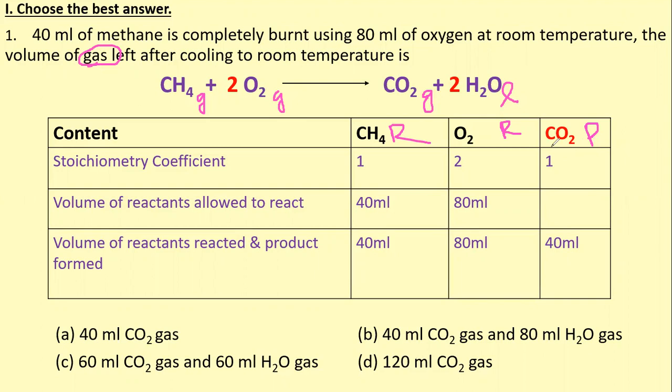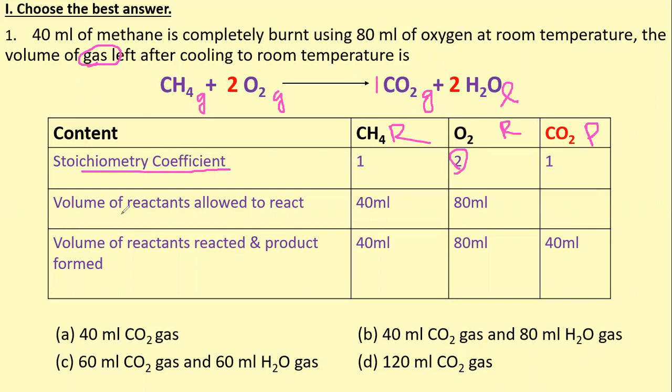The stoichiometric coefficient is simply their moles. So 1 mole of CH4 and oxygen is 2 moles. That only I have mentioned here. And carbon dioxide, the product, will be only 1 mole.